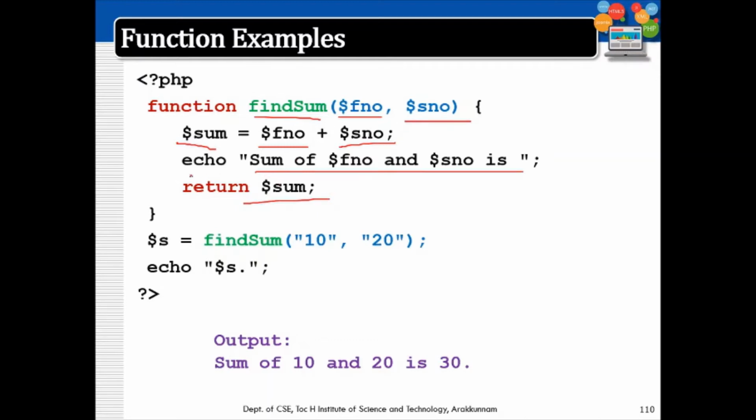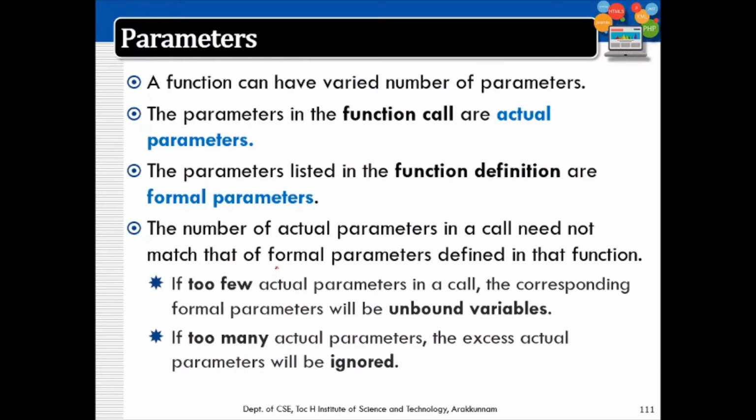Here I am returning the value. This return value is obtained in this particular variable. So variable name equals findSum of 10 and 20. The sum of 10 and 20 is equal to 30. That will be returned to the variable, and that variable will be printed over here. This is how the return value is sent back to the caller.